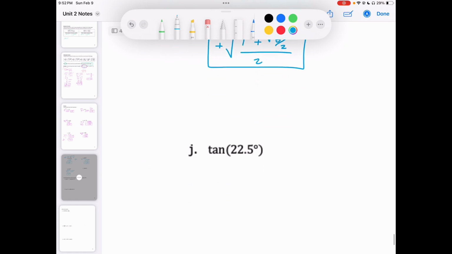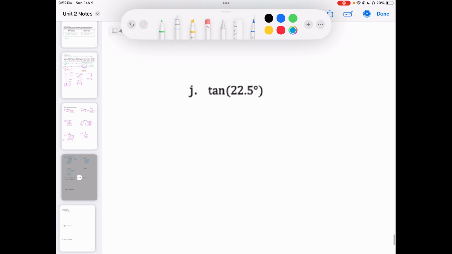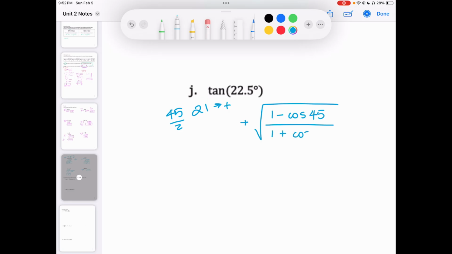And finally, we have 22.5. I know that that's going to be 45 over 2. That's going to be quadrant 1. That means tangent is positive. So I'll go ahead and use my positive version. 1 minus cosine of 45 over 1 plus cosine of 45.